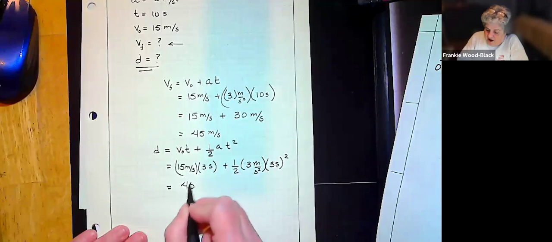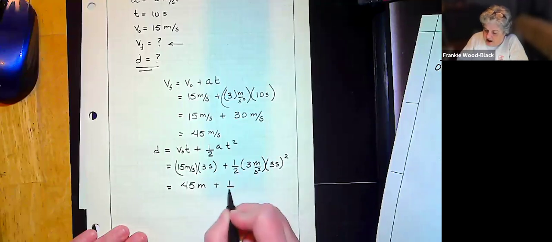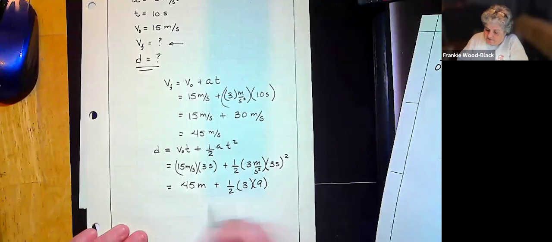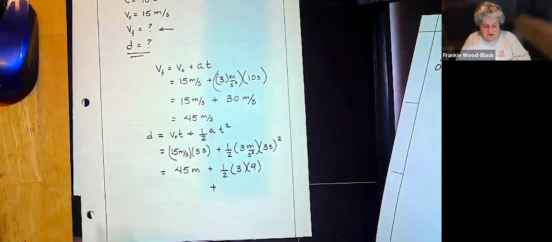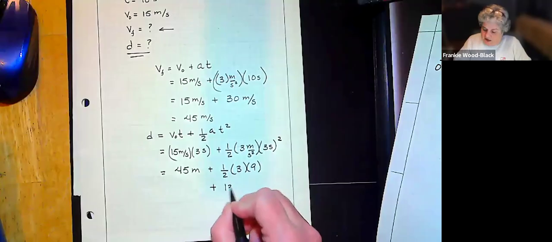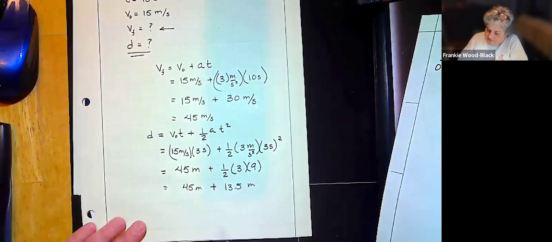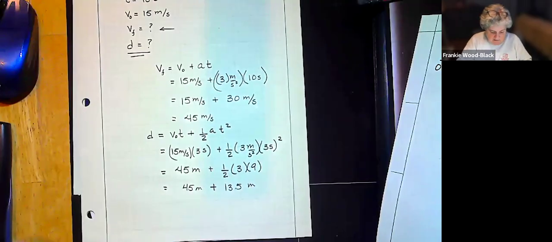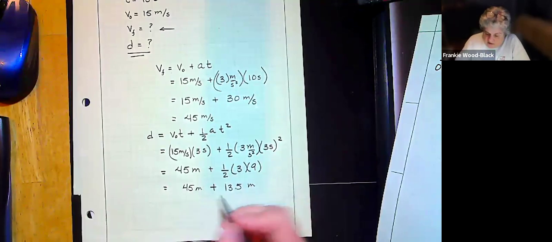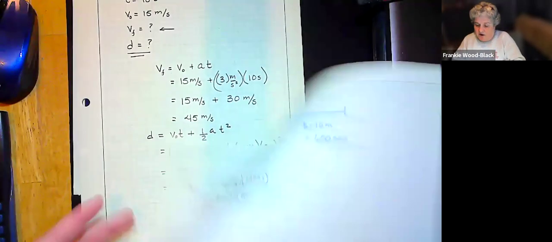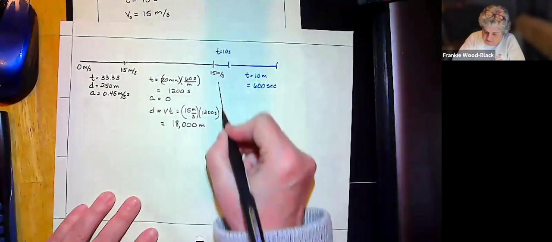This is going to be 45 meters plus 1/2 times 3 times 9, which is 13.5 meters. This is 45 meters. So now I'm at 58.5 meters.